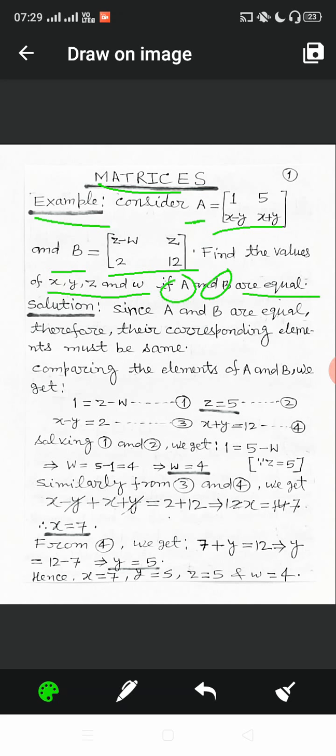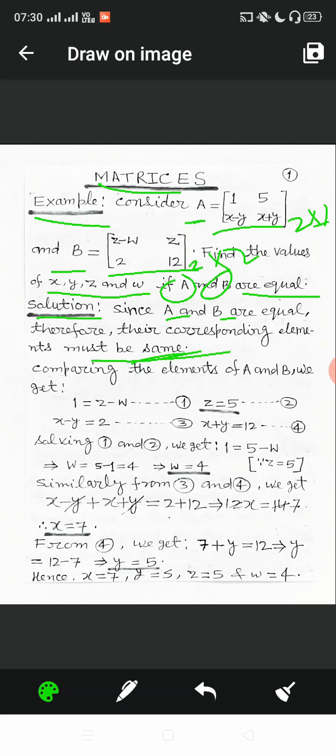For solution, here matrix A and matrix B have the same order, that is 2 by 2. So, if A and B are equal, then their corresponding elements must be the same.